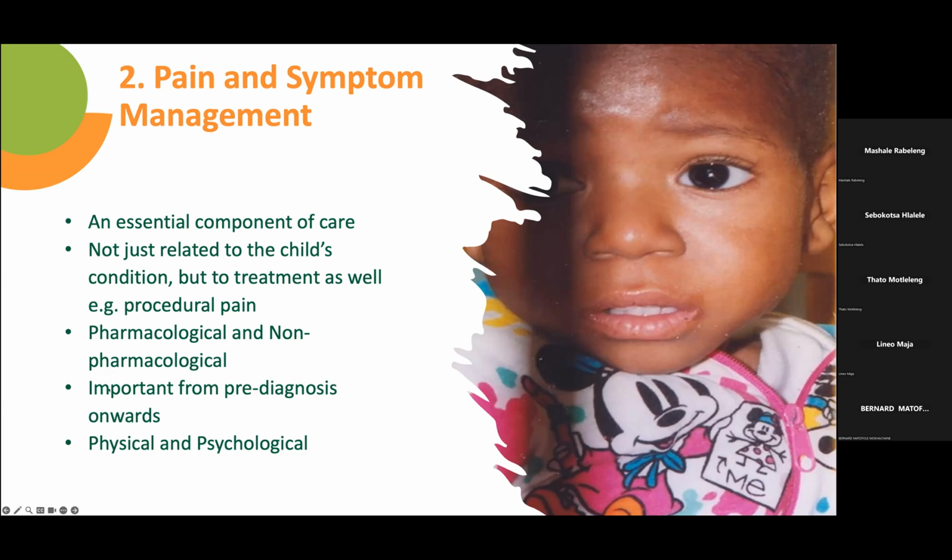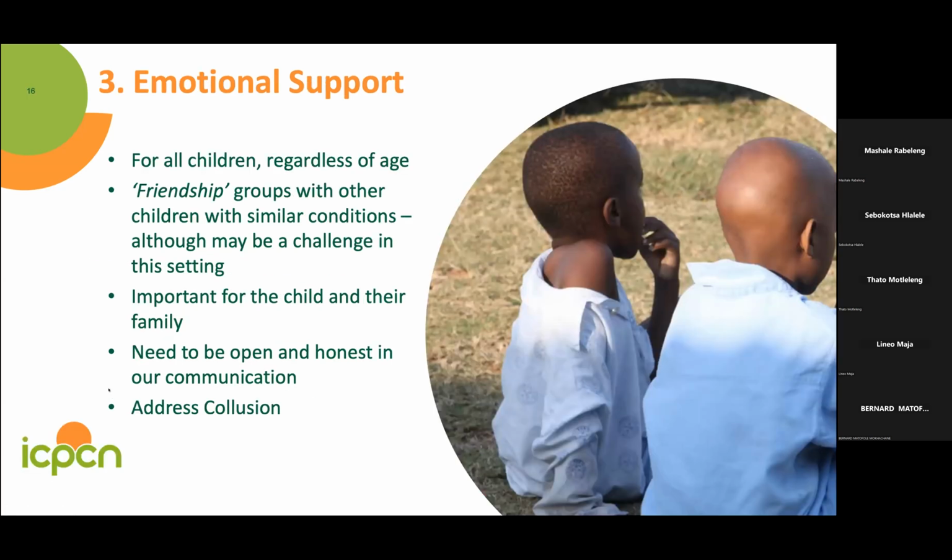So then, of course, emotional support, so important for all children, regardless of their age. Often we find, particularly children with HIV, particularly children with cancer, that they might have friendship groups with other children with similar conditions. And that can be helpful.